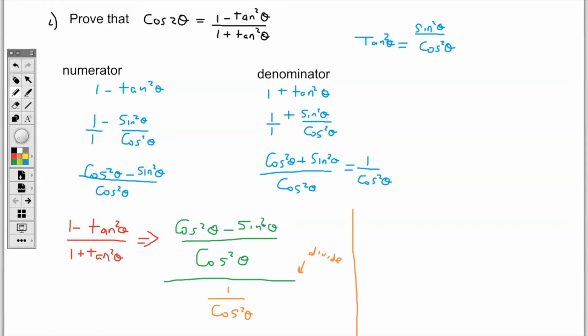So that means I can rewrite this as cos squared theta minus sine squared theta over cos squared theta, divided by 1 over cos squared theta.